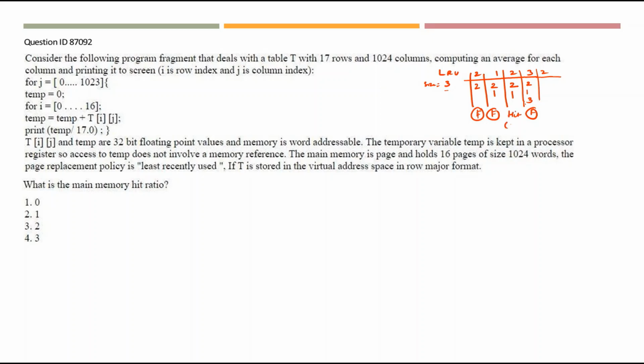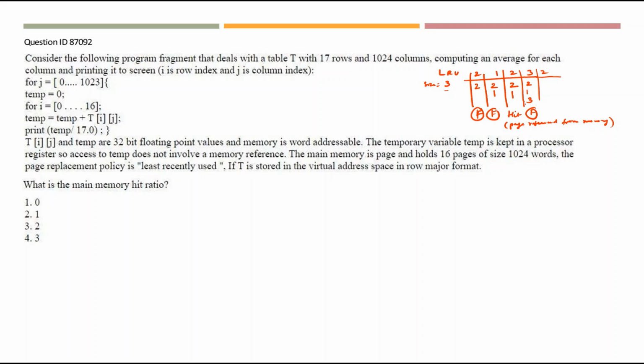Hit means the page is referenced from the main memory. If there is a page fault, then I am taking it from some other place, I mean the secondary memory has to load it into the main memory and then it is referenced. Whenever there is no page fault, there will be a hit. This is a hit in the context of main memory.